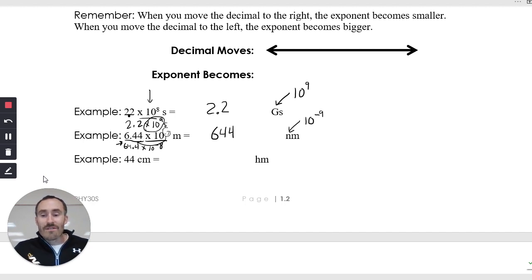Last one, 44 centimeters is how many hectometers? Centi is 10 to the negative 2. Hecto is 10 to the positive 2. And so I want to add 4 10s to this guy.